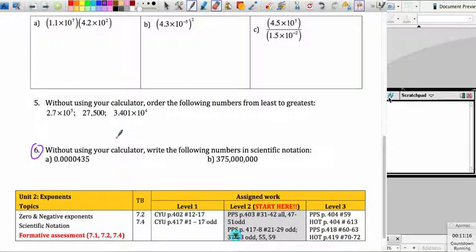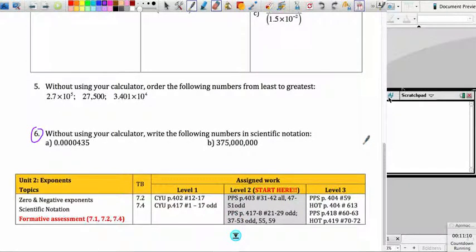So I'm going to start with example 6. Without using your calculator, we're going to write each of these two numbers in scientific notation. Remember, for scientific notation, the mantissa, the first term in the product of terms, must be a number between 1 and 10. Essentially what I'm targeting here is the number 4.35, and I need to move this decimal point a certain number of places until I reach where I've put my purple decimal point, and that will allow me to have the mantissa, the first term of the product, be between 1 and 10.